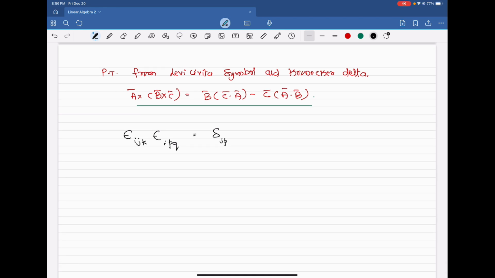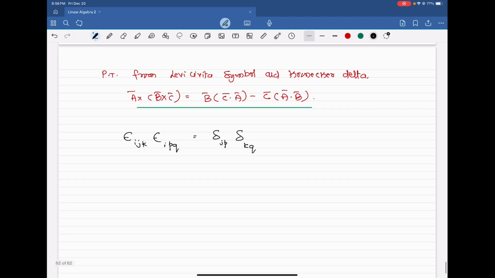Please, this is the relation between Kronecker delta and Levi-Civita symbol. Once we start solving the problems, we will be able to understand what it is. Delta jp, delta kq minus delta jq. Please write the way I am writing it here.